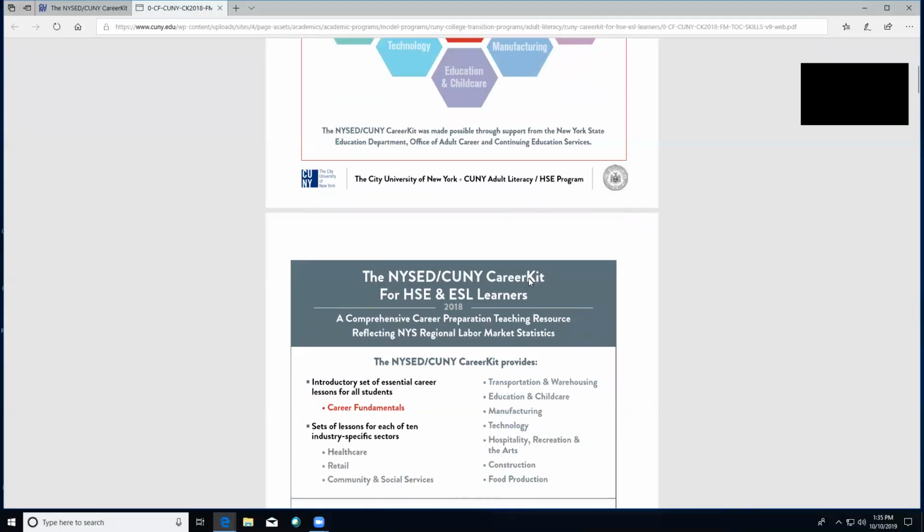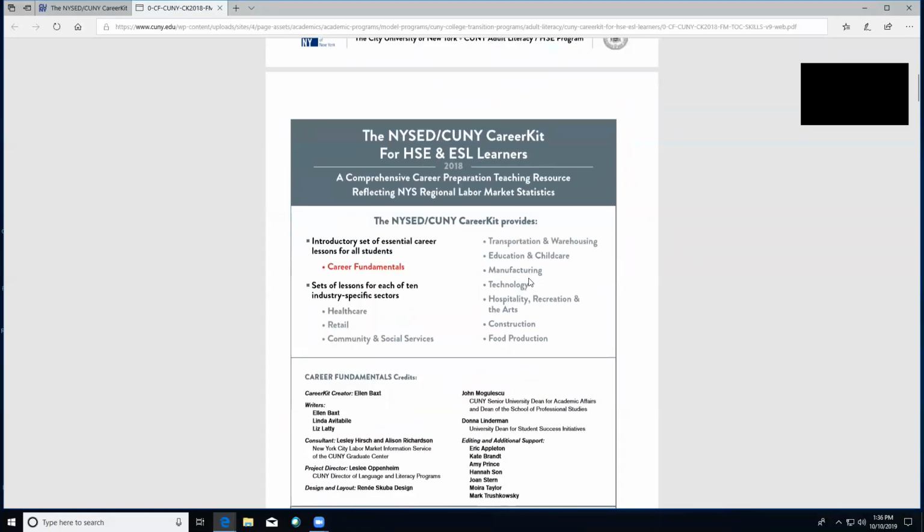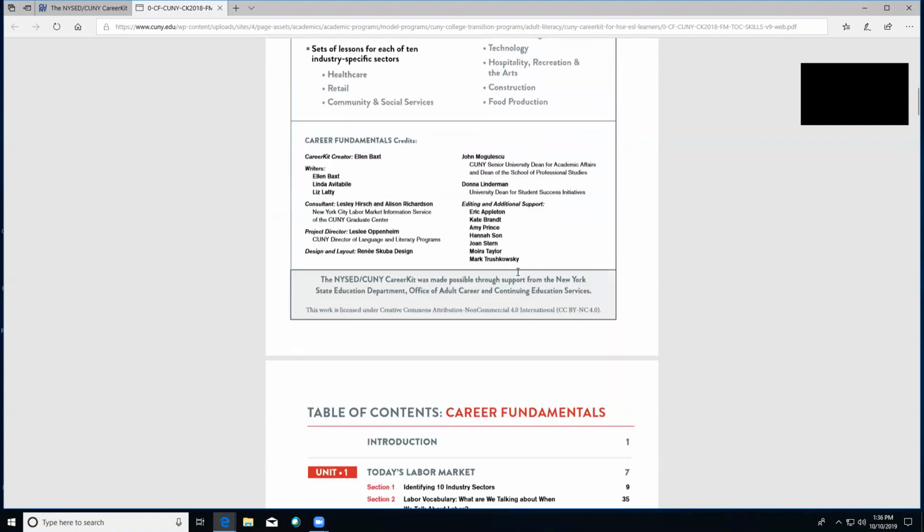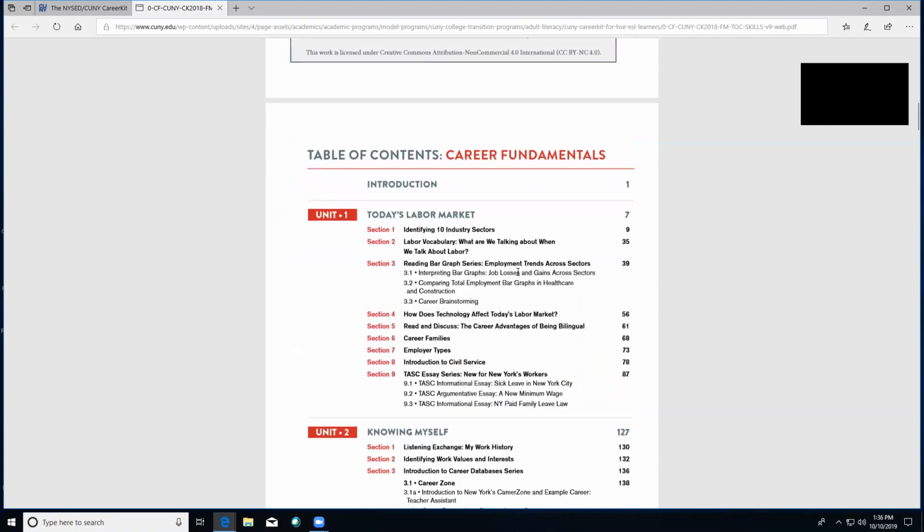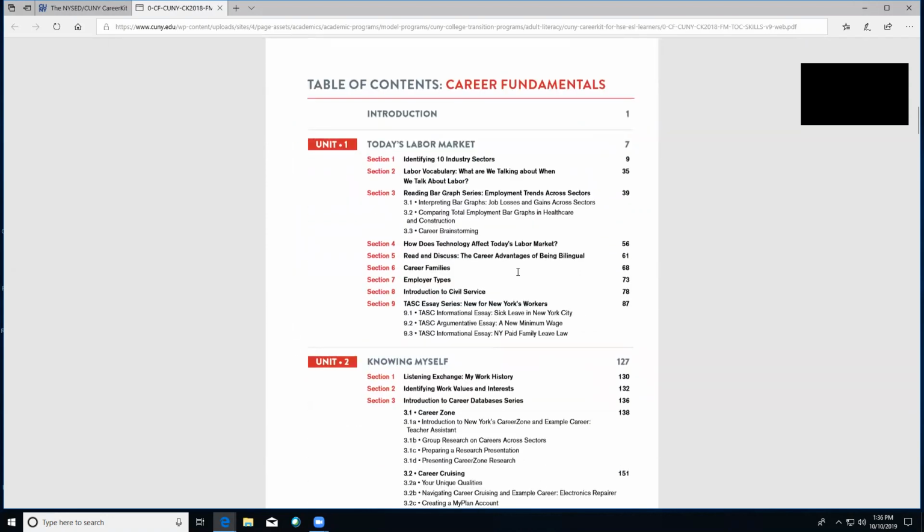This is Career Fundamentals. Career Fundamentals is the career kit that is not sector specific. So it includes examples from a variety of different sectors. So I'm going to walk you through it.